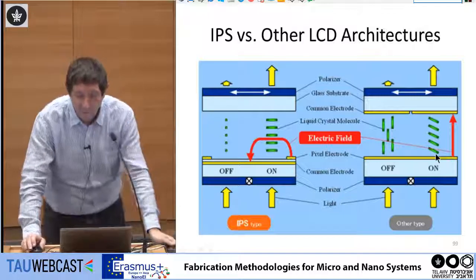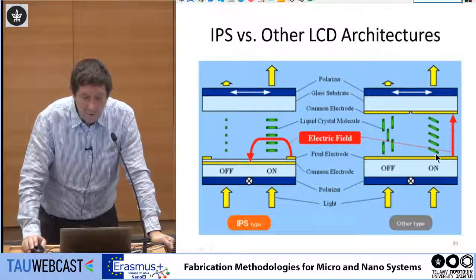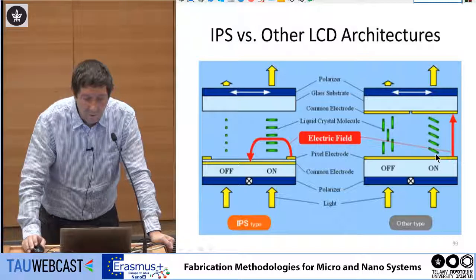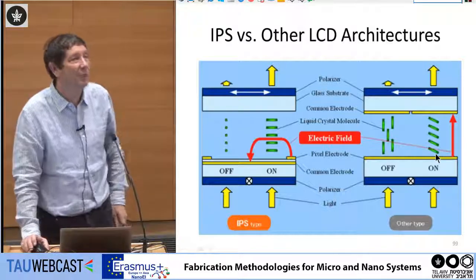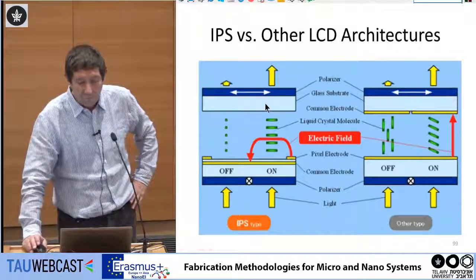This is called the IPS. The second technology, when you put the electrodes on the two sides, this is the off state, when this polarization blocks the light, and when you apply electric field, the polarization rotates, and the light can go through. IPS is considered better quality, with better resolution.